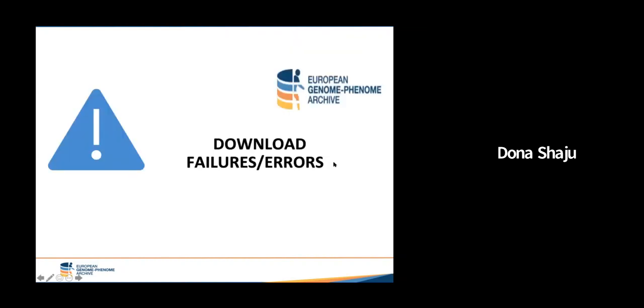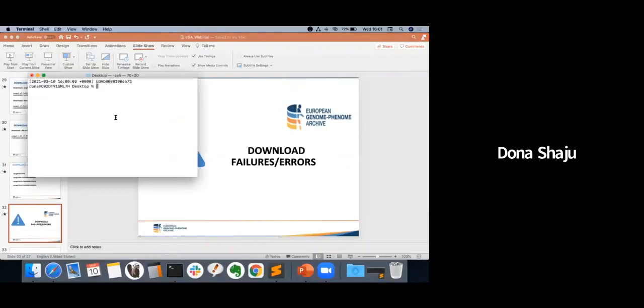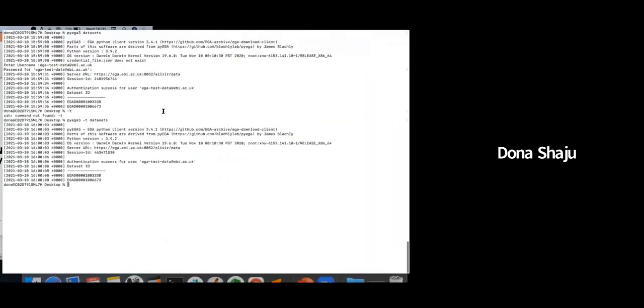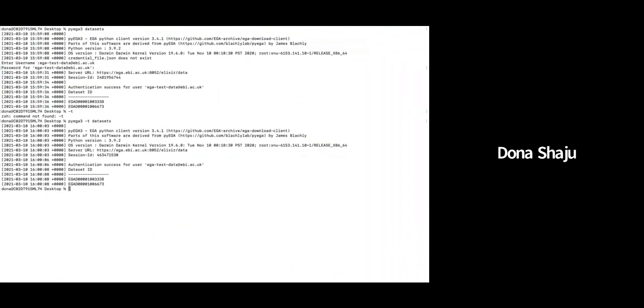In case of any download failures or errors, you can use the -d parameter. The -d basically means debugging. It will give us extra debugging messages.